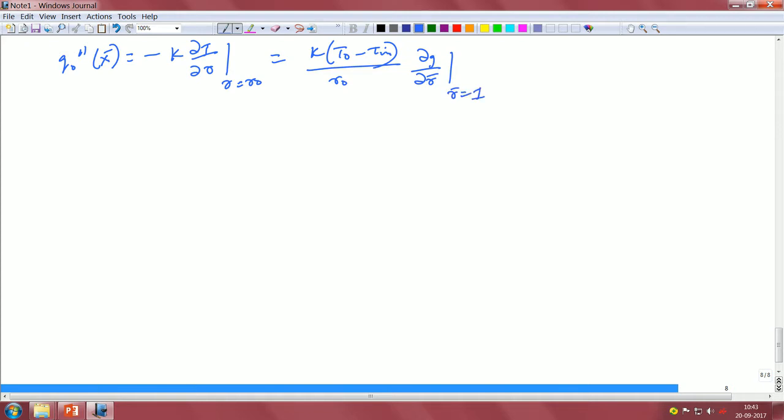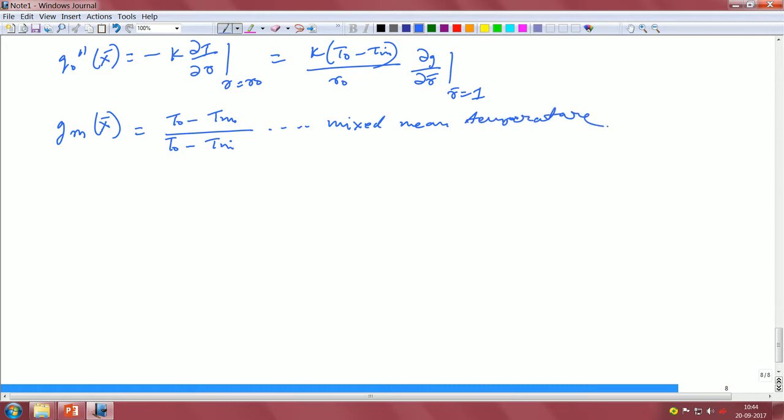Okay. So, you can see that this is the heat flux. Then of course, you have your gm x bar, which is given as T naught minus T mean divided by T naught minus T in. This is what we call the mixed mean temperature.